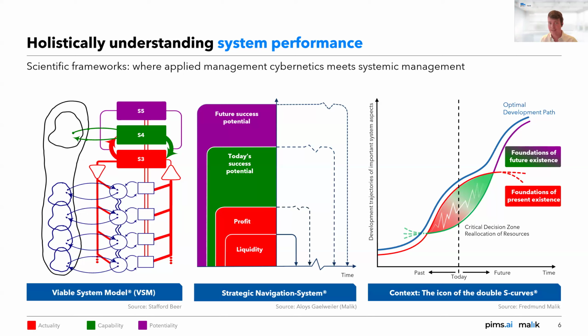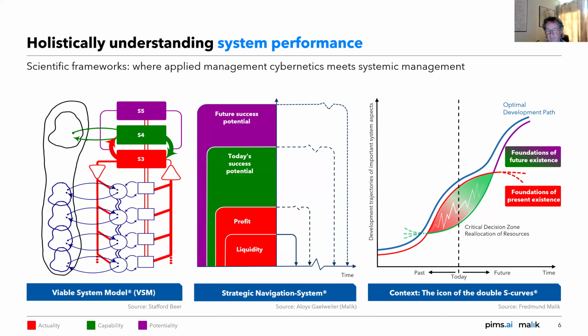I will accept here that the purple mapping potentiality being a system 5 can be contentious. You might say that all 3 indices actually fit better squeezed between S3 and S4, and I'm inclined to agree.